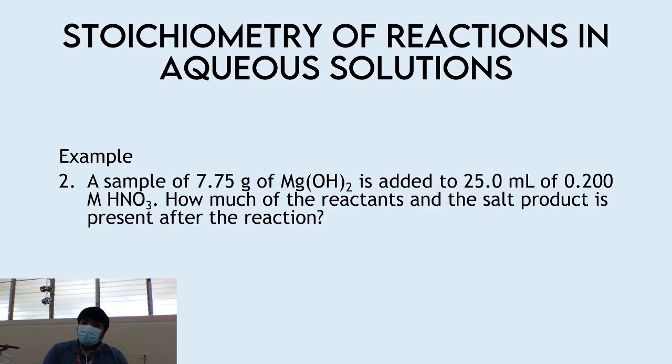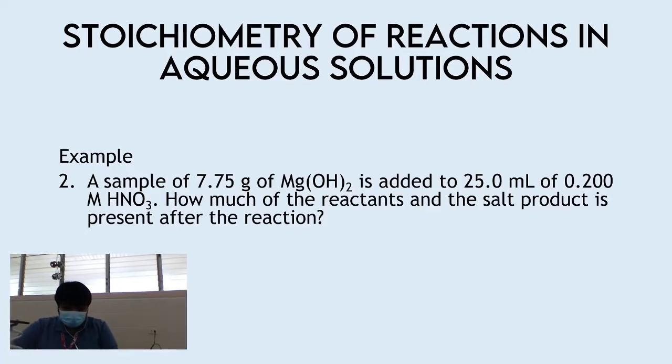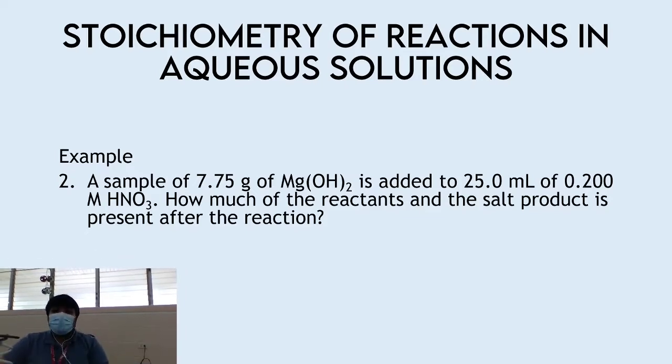So we need to know first which of the two will be our limiting reagent. So we apply our concepts in getting our limiting reagent. Let's say I want to start with nitric acid. I want to know how much magnesium hydroxide it needs to consume this amount of nitric acid. But before that, we need to establish our chemical equation first.